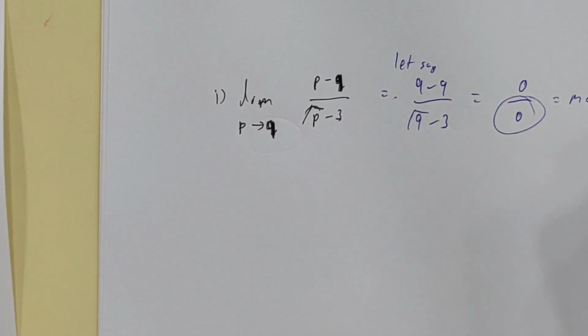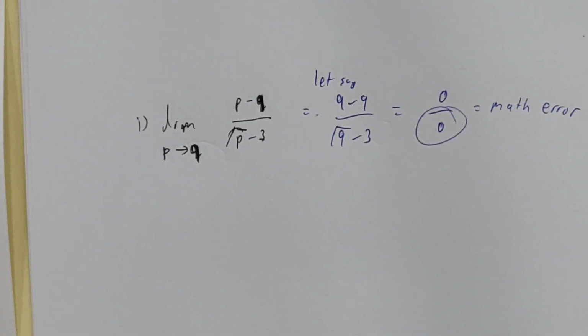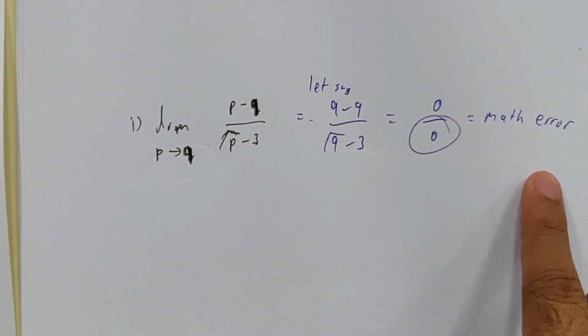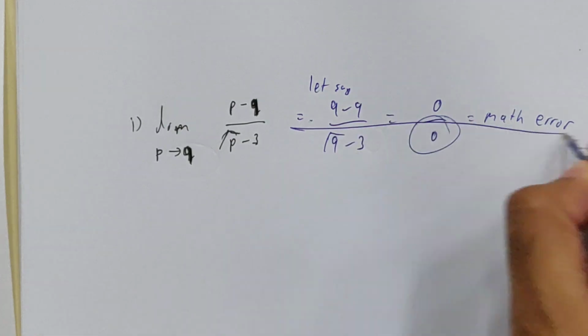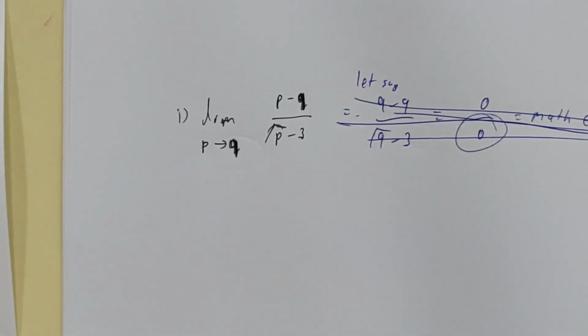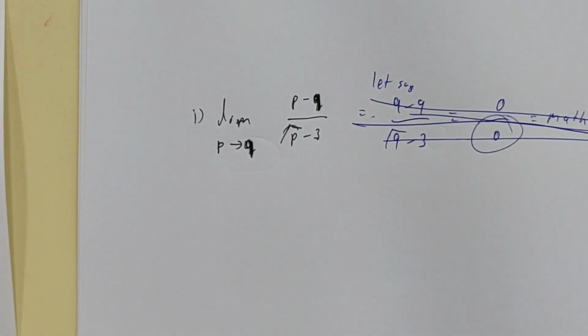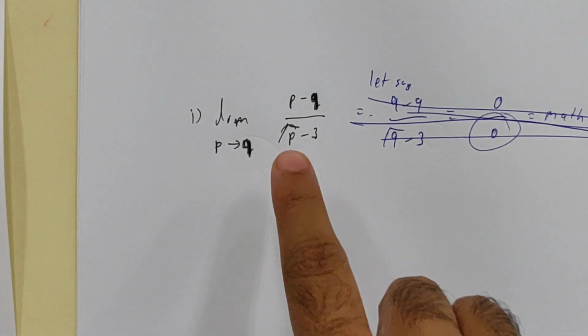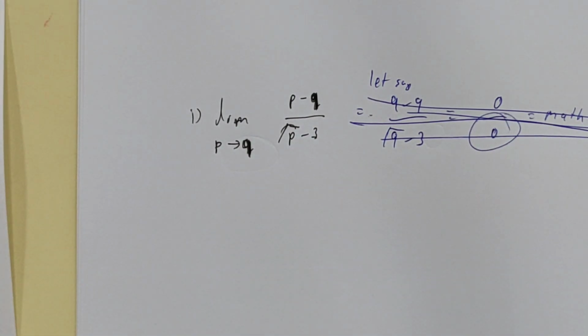So if we got here, we got ourselves into math error, which is the wrong way of doing things. If error, what should we do? Factorize or conjugate. Which one? We should conjugate, because there's a square root at the denominator.